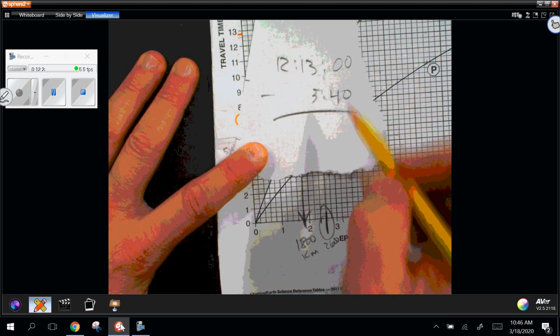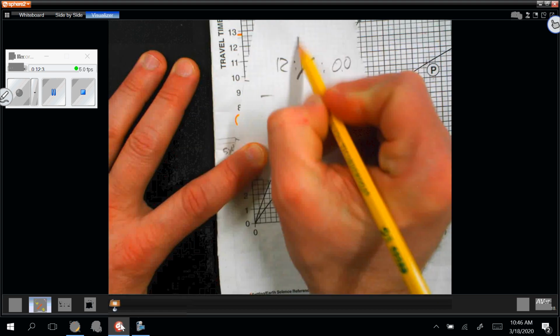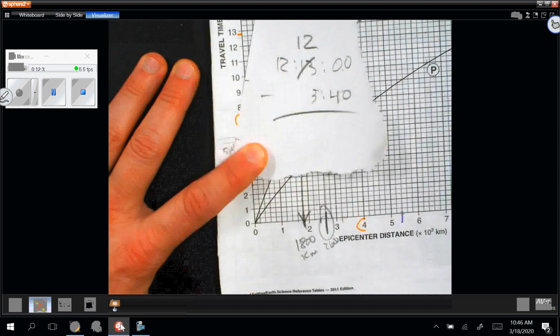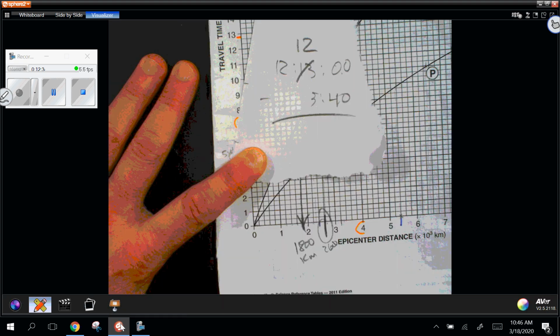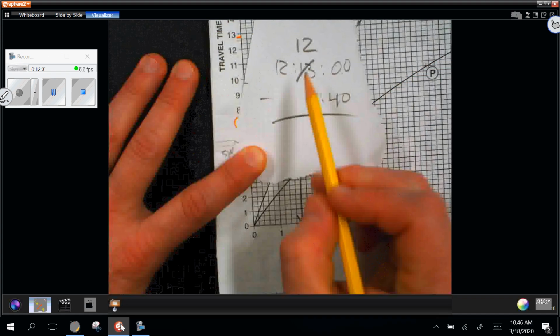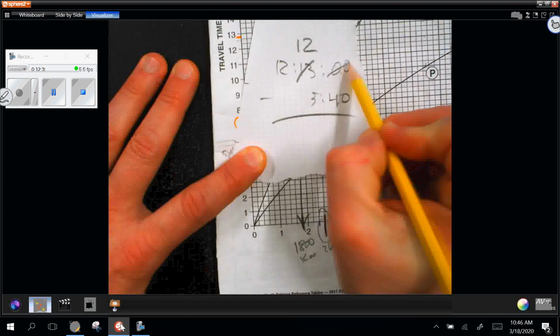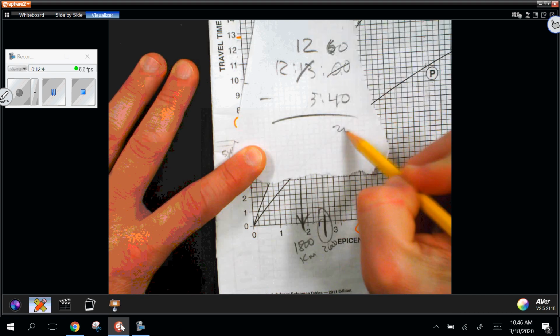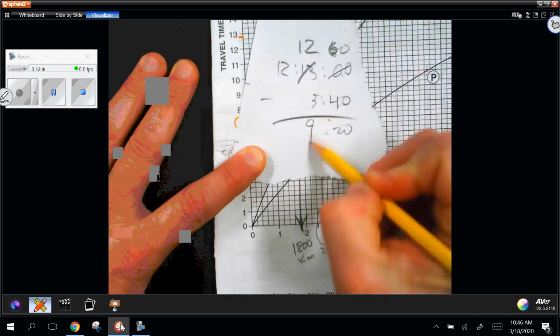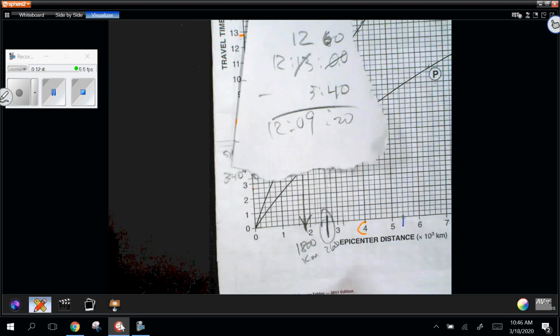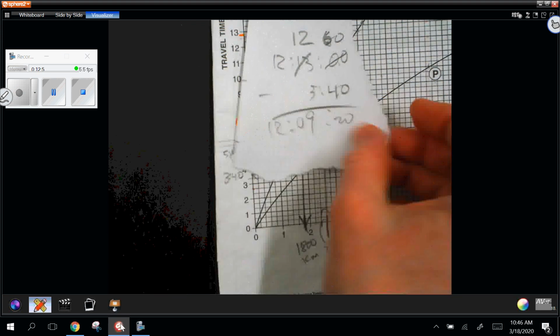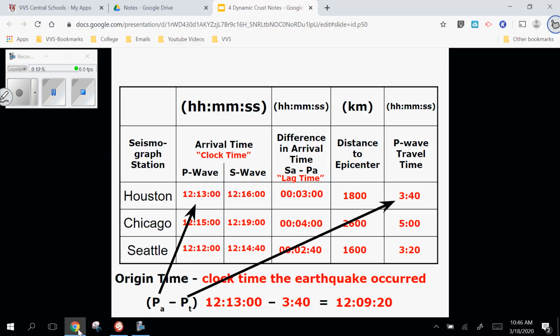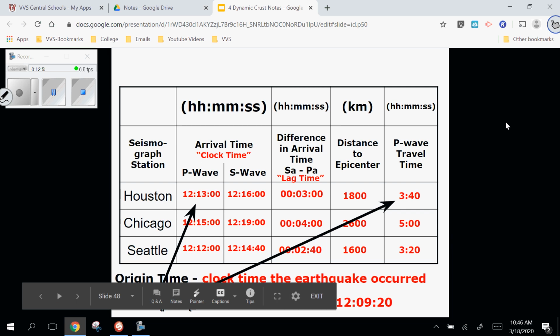So I have to borrow 1 whole minute. That minute is equal to 60 seconds, so I take that 60 and add it to the 0 I already have, and now I have 60. 60 minus 40 is 20. 12 minus 3 is 9. Bring down the rest, and there's where I get my 12:09:20 for my origin time of that earthquake.